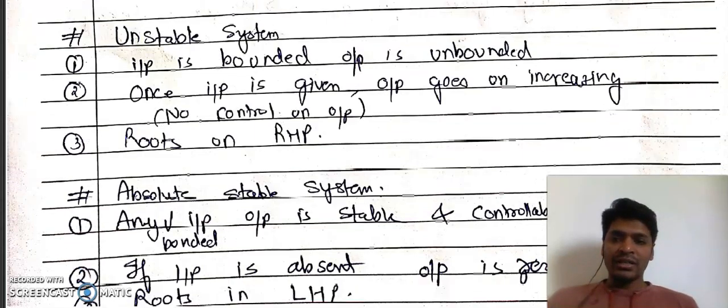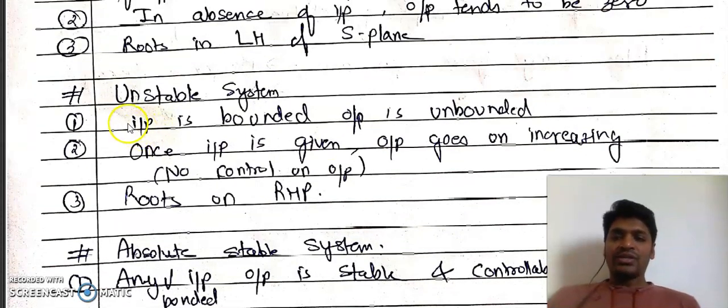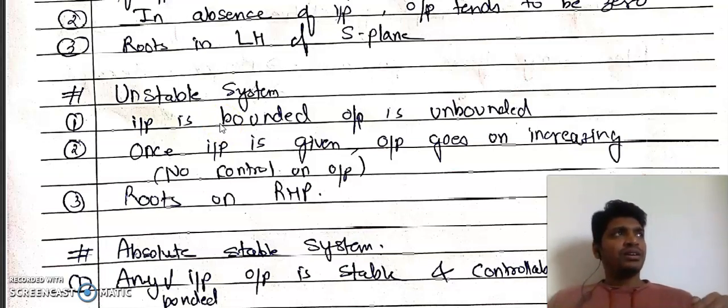Now let us deal with the unstable system, right? So what is an unstable system? For the same bounded input, the output is unbounded. Let us suppose you are giving a 250 volt supply to the fan, and unbounded means what? Initially the RPM of the fan is 100, then 200, 300, 400, 500, 600, 700.